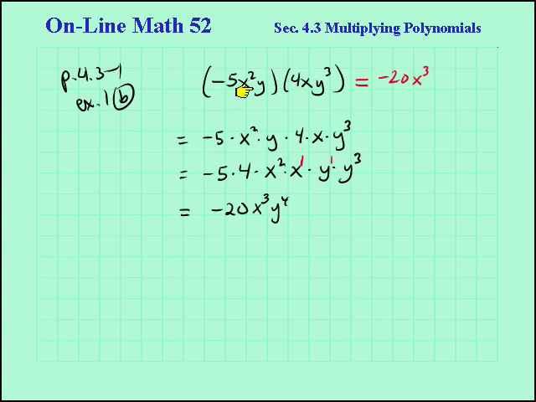And then y times y cubed is y to the fourth. So it could be done in just one step. But here are all the individual steps all the way throughout. So the explanation is there. Anyways, that's section 4.3, page 1, example 1b.